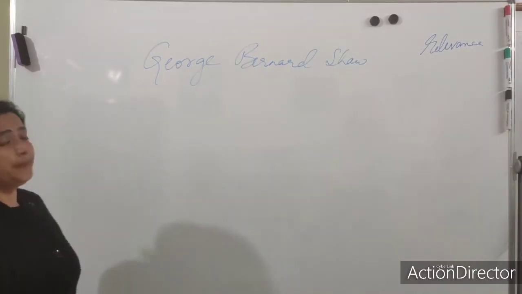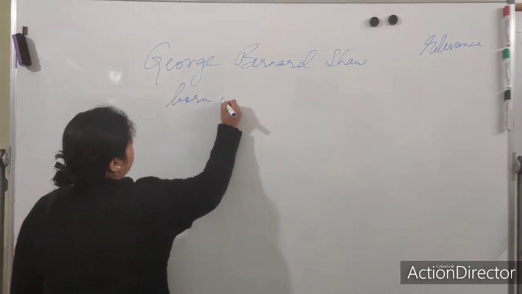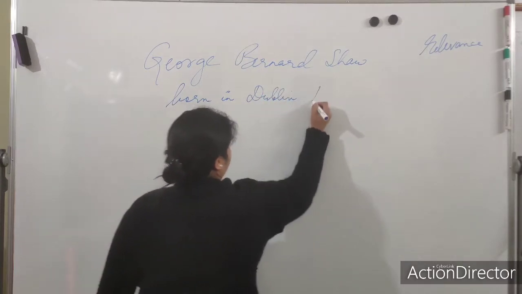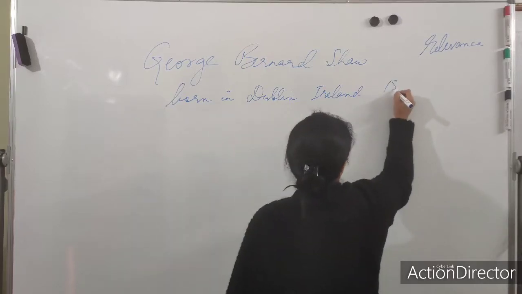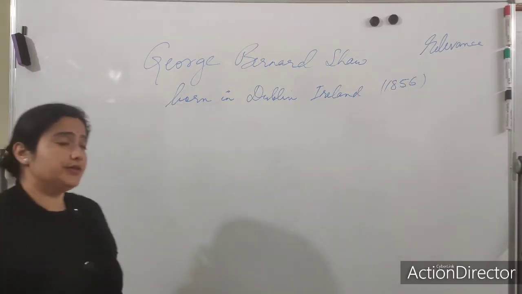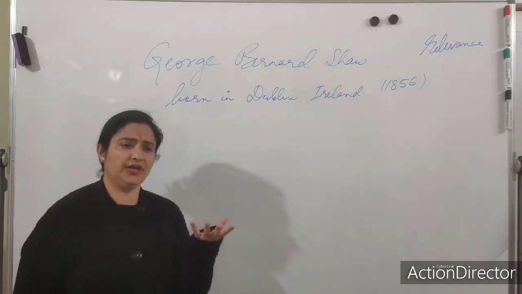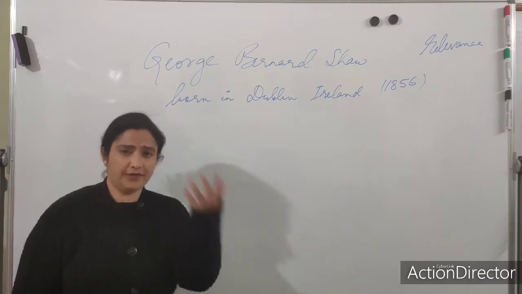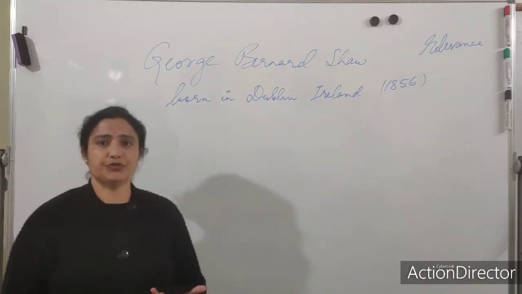Right? Shaw was born in Dublin, Ireland, in the year 1856, right? And if I have to briefly tell you about his childhood, his parents, his family, his father was a grain merchant, right? And his mother was a musician.